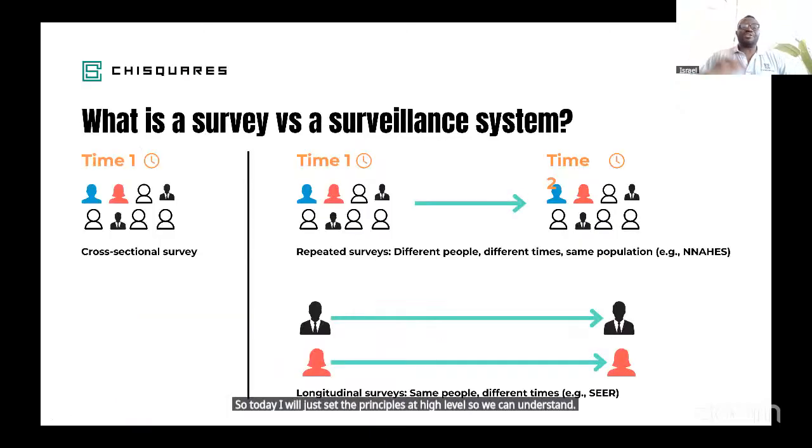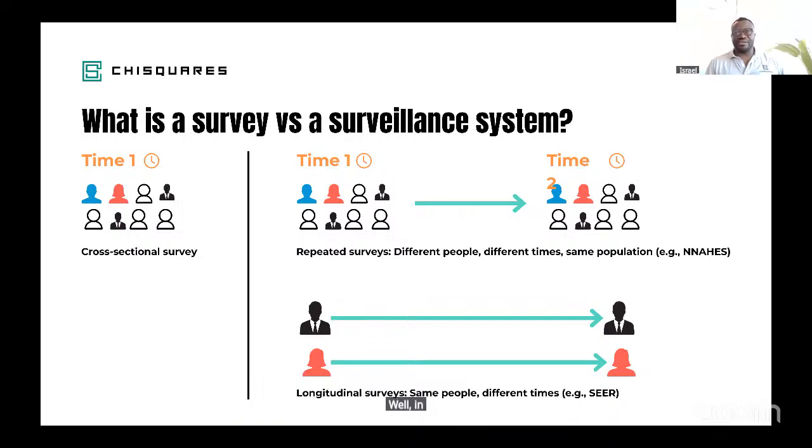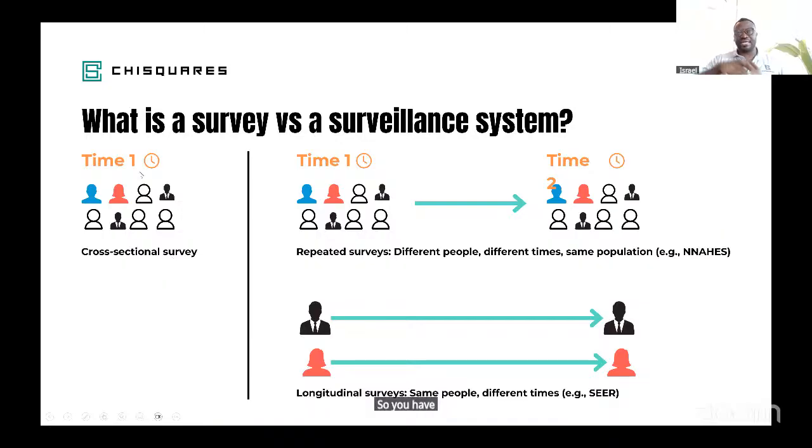All right, so let's talk about surveillance systems. What is the distinction between a survey versus a surveillance system? Well, in general, when we talk about cross-sectional surveys, we mean that data collection occurs at a single point in time. So you have time one, and we collect data on individuals who were sampled.